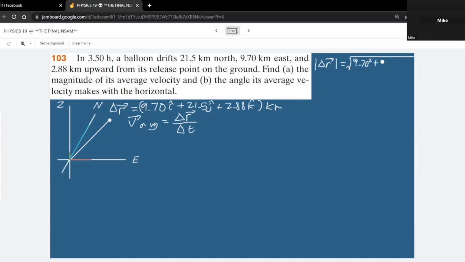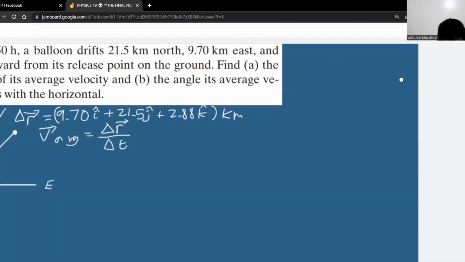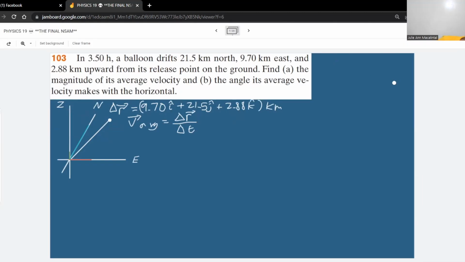And then, alam mo kung bakit pinapakompute ko sa'yo yung V without the absolute value? Tingnan mo yung sa B. Find the magnitude and angle. Kailangan natin yung vector form para masagot yung angle its average velocity makes with the horizontal.